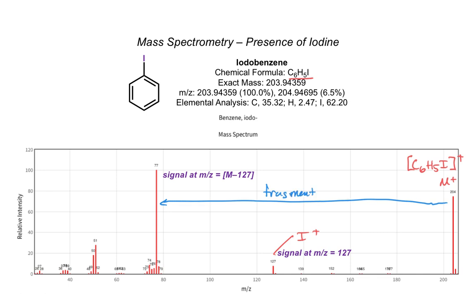It's at a mass of 77. The reason you're seeing that signal is because that intact molecular formula is losing iodine. So it's no longer there, and that's a mass of 127. So if you do the math, your 204 minus the 127, you get that signal now at 77.